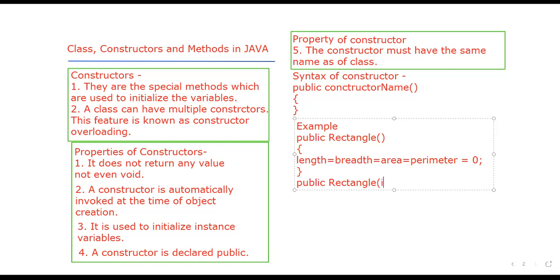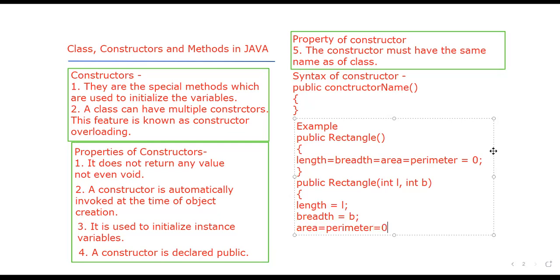So I write int L comma int B. Okay, these are the parameters, and in this I will initialize length is equal to L, breadth is equal to B, area is equal to perimeter is equal to 0. I will tell you why I have initialized them to 0.